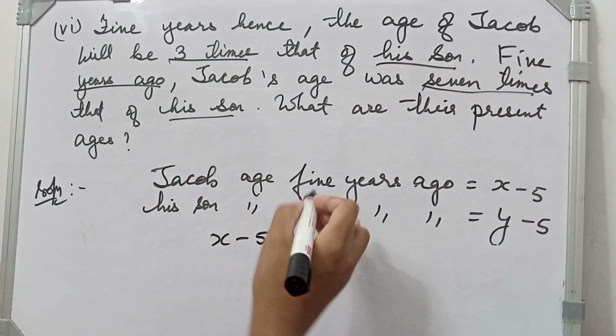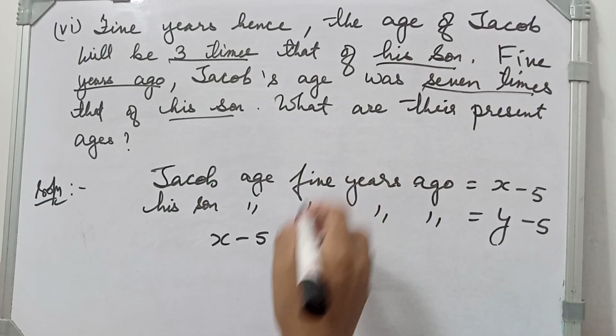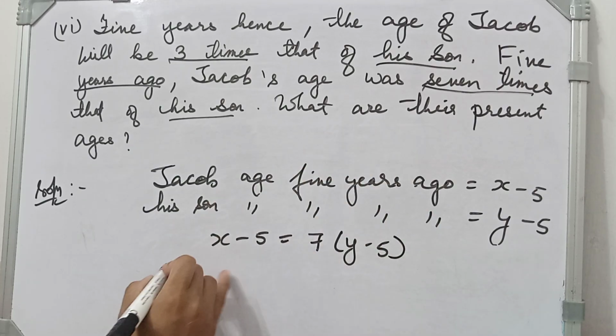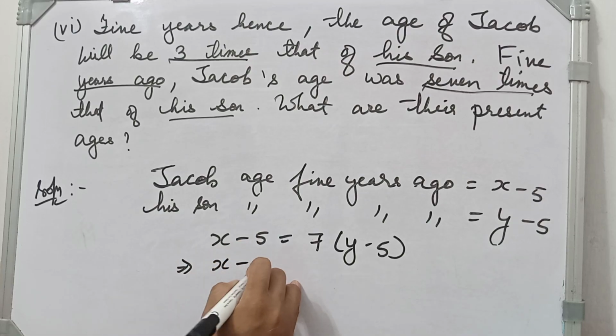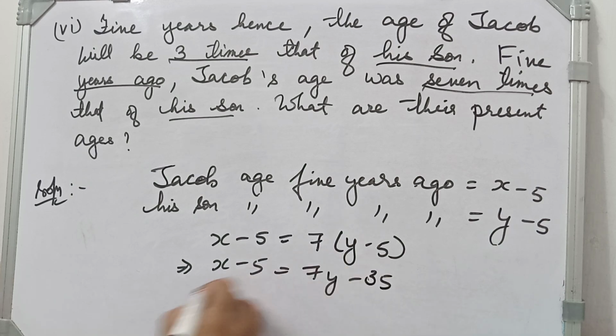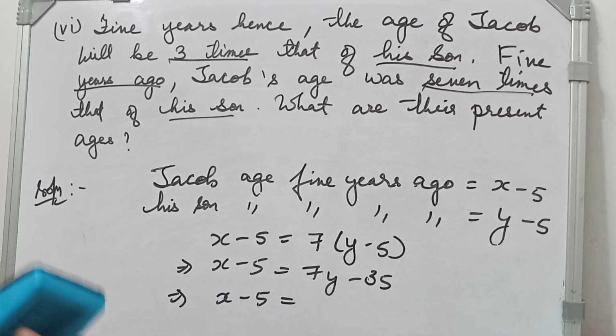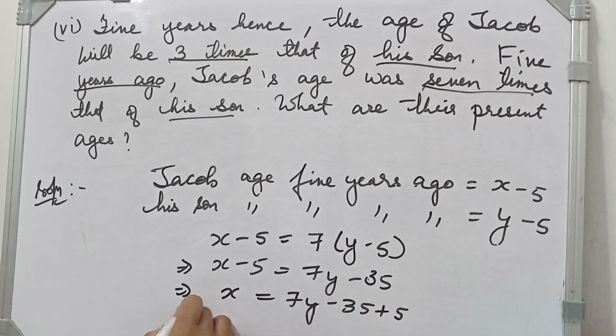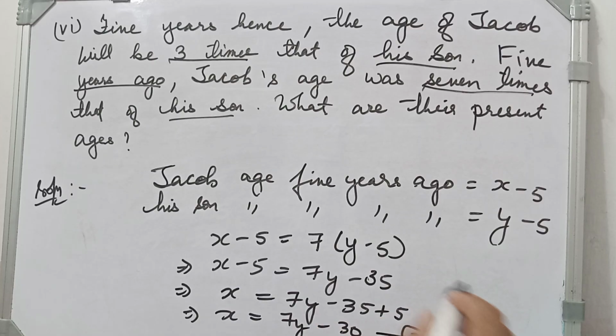So x minus 5 is equal to 7 into y minus 5, which is 7y minus 35. So x is equal to 7y minus 35 plus 5. Then x is equal to 7y minus 30. Okay, I have equation 2.